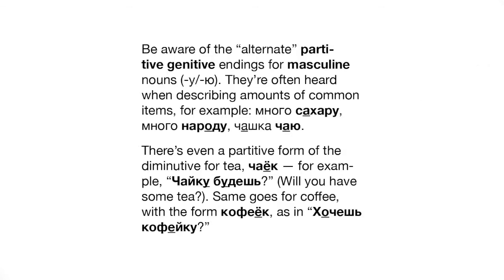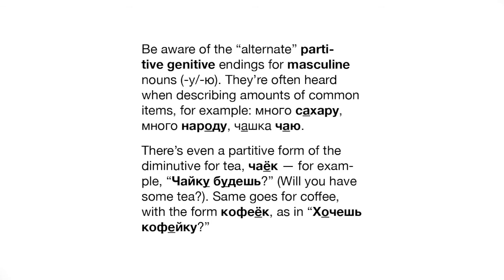One last detail I'll throw out with partitive genitives is there's an alternate genitive ending for masculine nouns that's used specifically in this partitive meaning. So this is something we're not really studying actively right now, but it's definitely something to listen up for. And certain nouns in particular can take this ending and often do, again, when you're talking about an amount, right?